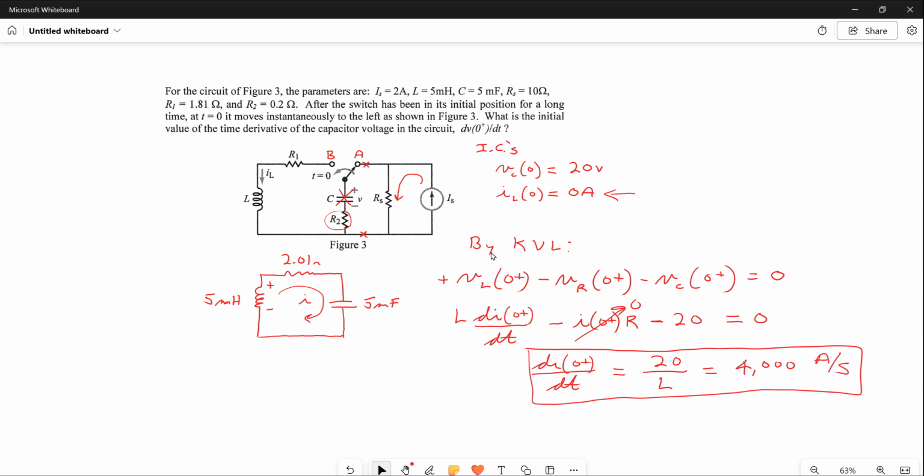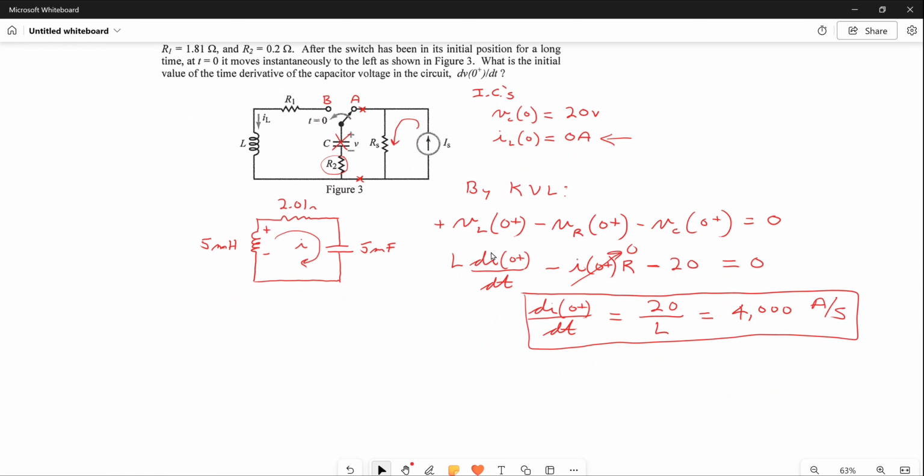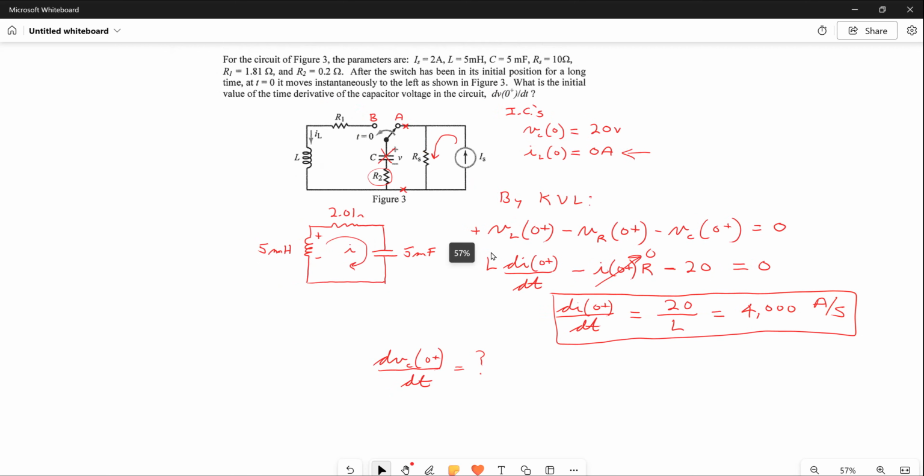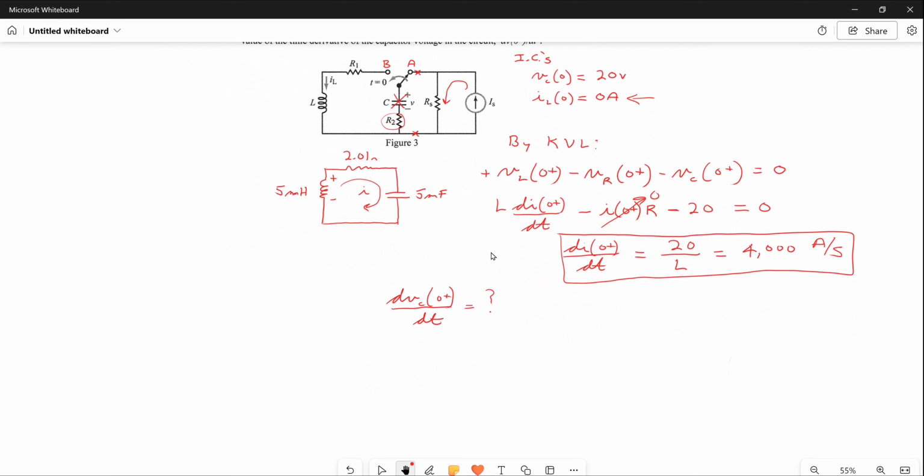But I wanted to get both the current derivative and the voltage derivative across the capacitor. So we want the derivative of VC at 0 plus over dt. That's what we want to find. Well, in a series circuit, that's pretty easy to find. Why is it so easy?